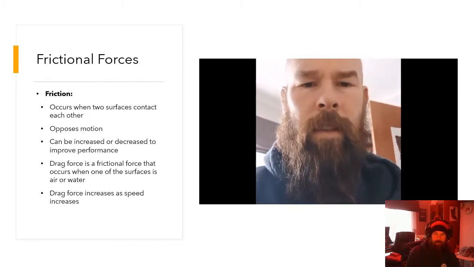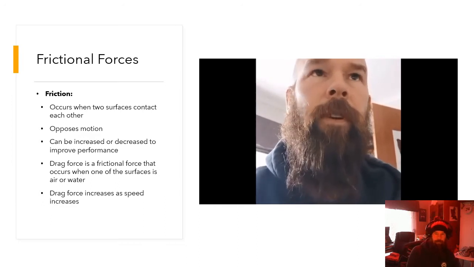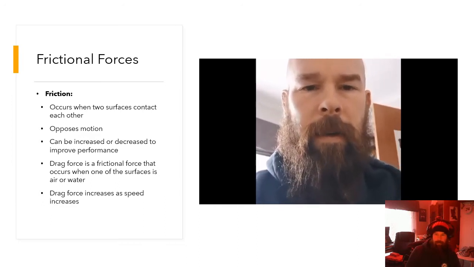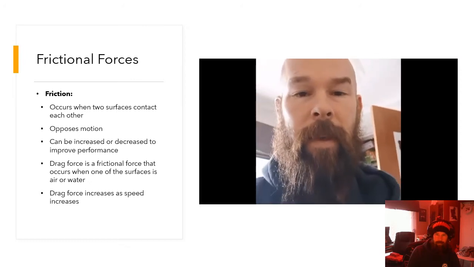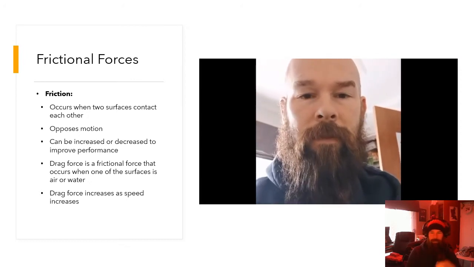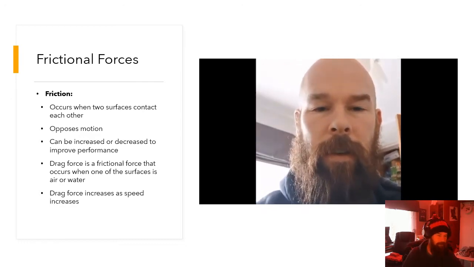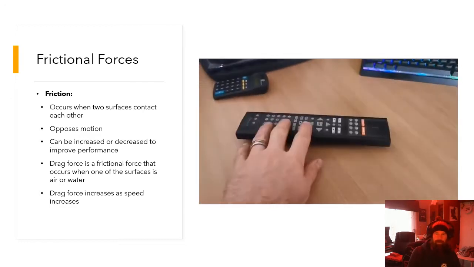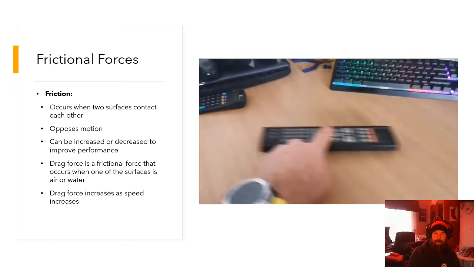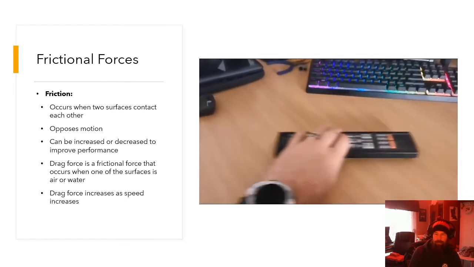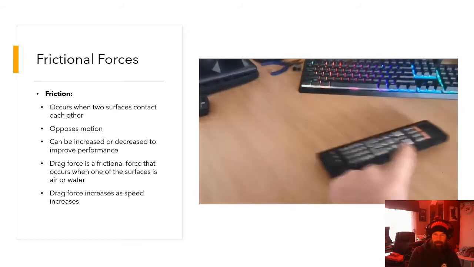Alright, so here's some real life examples of frictional forces in play. I got my remote, just something I grabbed off my desk, okay? And I'm going to put it on a couple of different surfaces. Here's the remote. So here we go, let's have a look. My desk, nice and smooth, there's my remote again, and just a one finger push. Goes quite a way.